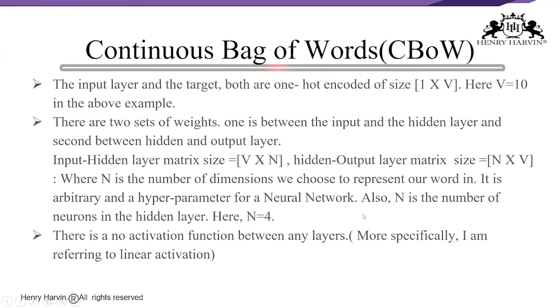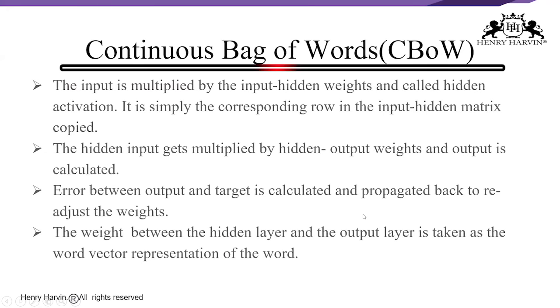There is no activation function between the layers. The input is multiplied by the input-hidden weights, giving the hidden activation. Basically it is just the corresponding row of the input-hidden matrix copied. Then the hidden activation gets multiplied by the hidden-output weights and the output is calculated.